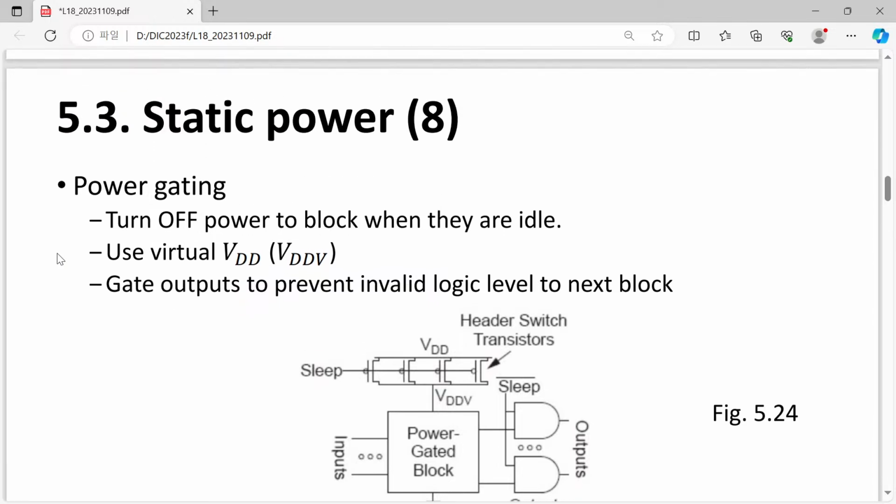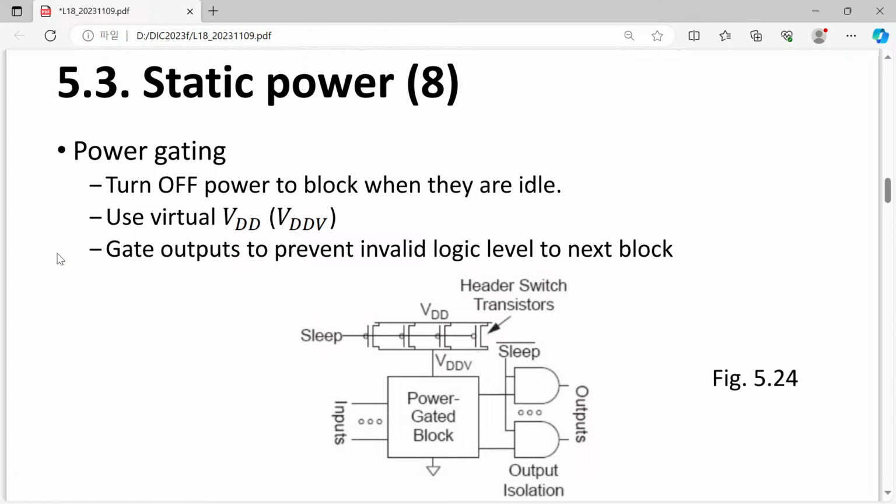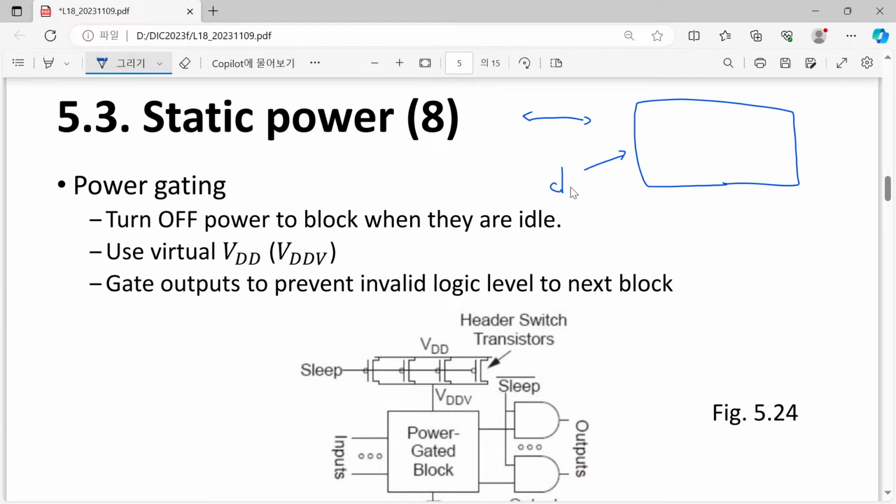The final topic in static power consumption is power gating. Maybe you remember a similar approach in the case of dynamic switching or dynamic power consumption. What was it? Previously, when we had some unused part of the chip, for this part you just nullify the clock signal.